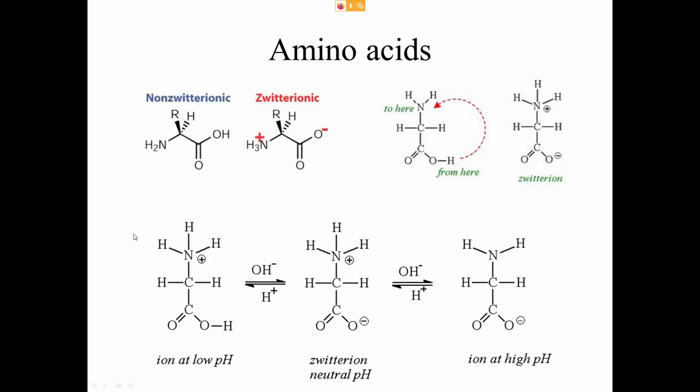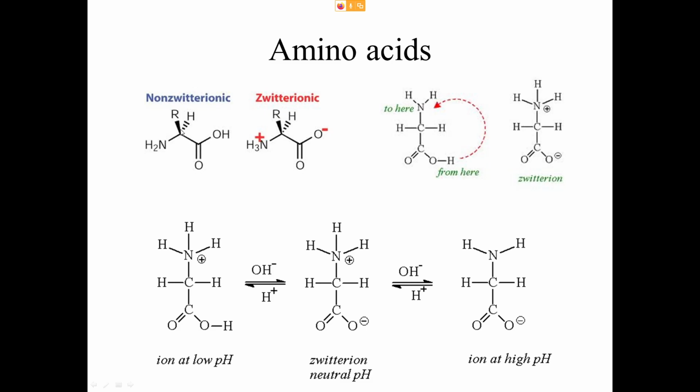Okay, so here's a picture of a typical one of our 20 amino acids, where again we have our carboxyl group on number 1. You have your amino group attached at number 2. This is the alpha carbon, or number 2 carbon. And then beyond that, you have the rest of the chain, whatever it might be. There's also going to be a hydrogen here, because this carbon needs 4 bonds, of course. So this carbon will be chiral.